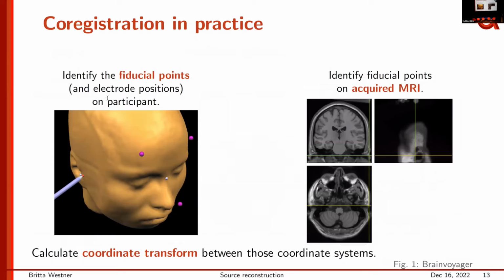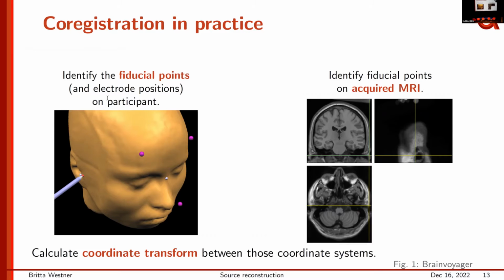One way, especially used in most MEG labs, and this is kind of a weird 3D rendering of what this might look like, is that you identify landmarks on your participant. Often chosen are the left and right periauricular points just before the ear and the nasion point.